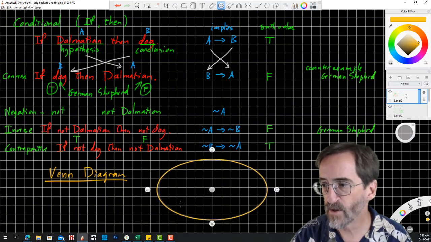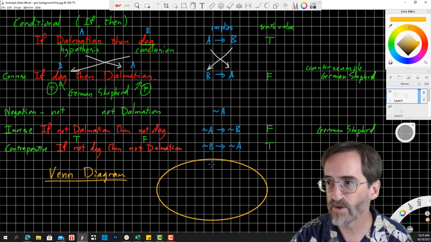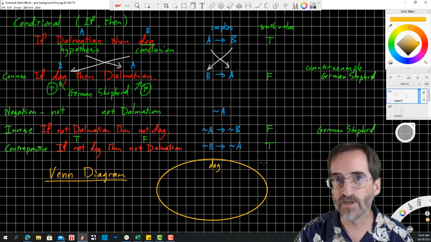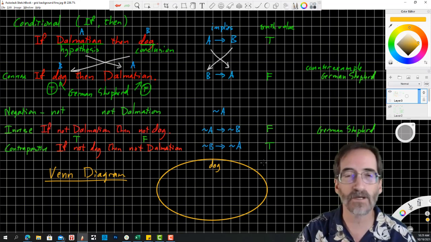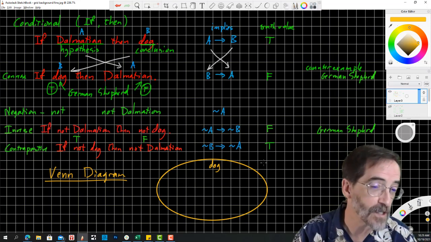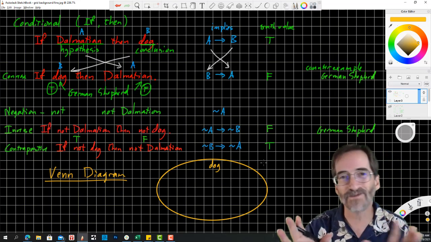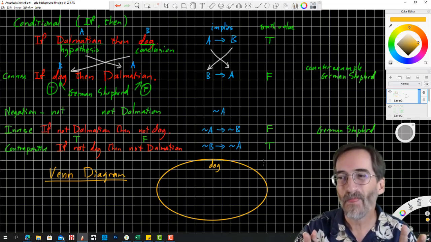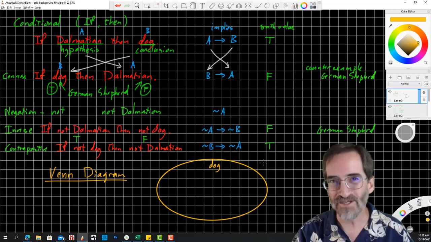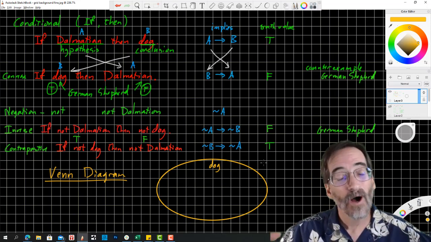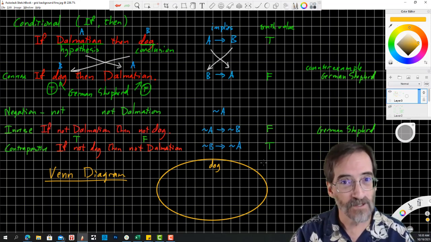So here let this oval represent the set of all dogs. German Shepherds are in here, Poodles are in here, Chihuahuas are in here, though some might argue against a Chihuahua being a dog. It is officially a dog, descended from the Timberwolf, believe it or not. No disrespect to Chihuahua lovers. All dogs fit in this circle.